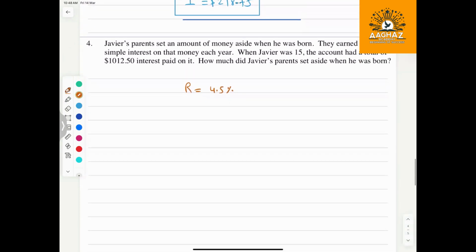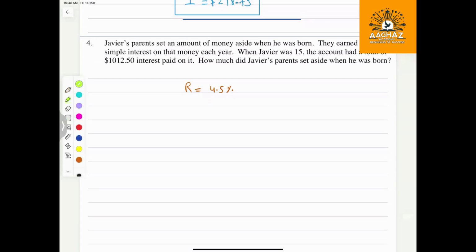And further, when J was 15, meaning after 15 years, the time is given as 15 years, the account had a total of this. How much did J's parents set aside when he was born?